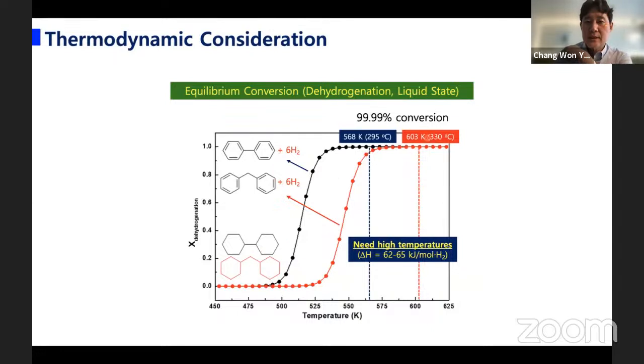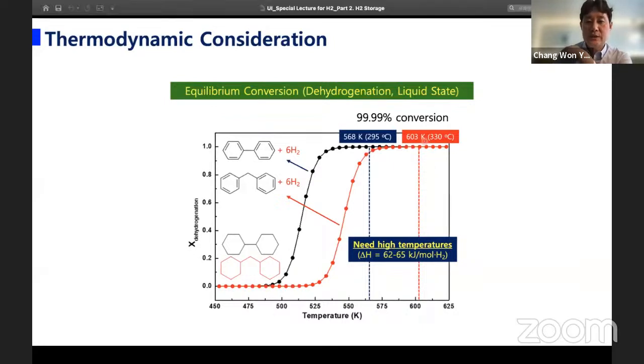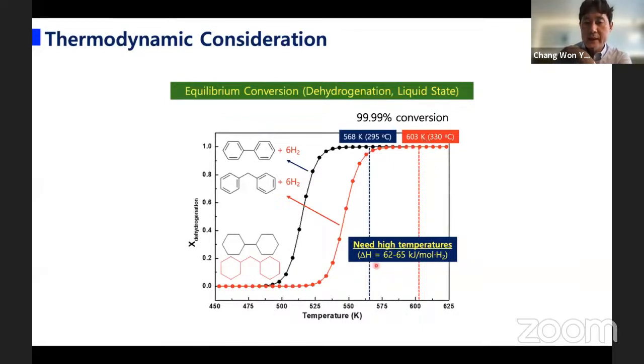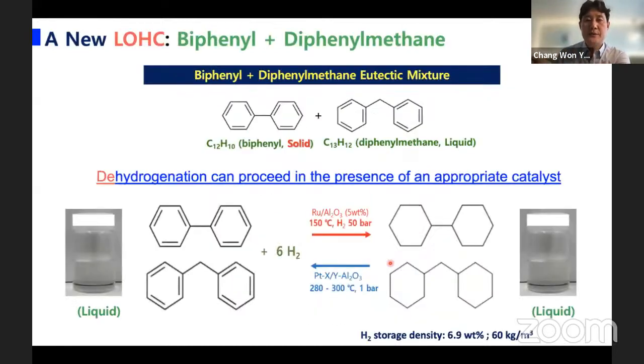That means for the dehydrogenation reaction, we definitely need over 300 degrees Celsius, which means the reaction enthalpy delta H for dehydrogenation will be 62 to 65 kilojoules per mole of hydrogen. So that's the problem. You require energy and higher temperature.